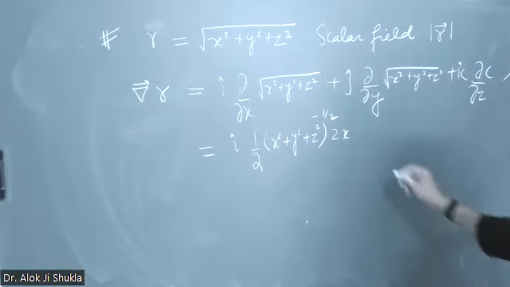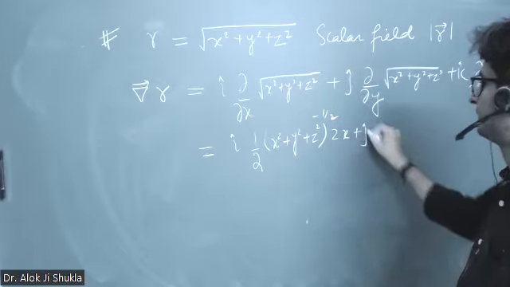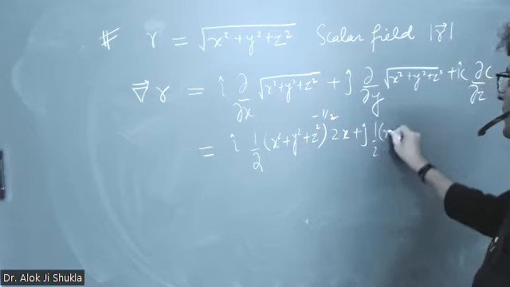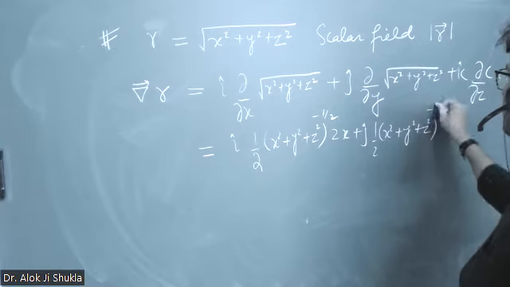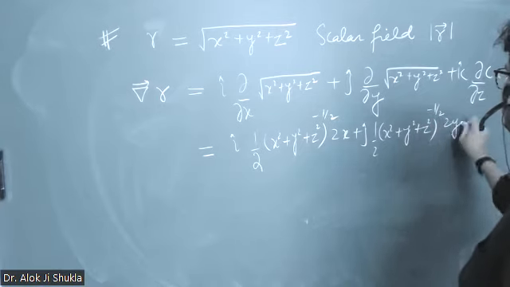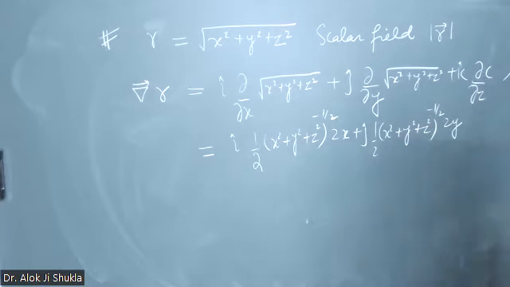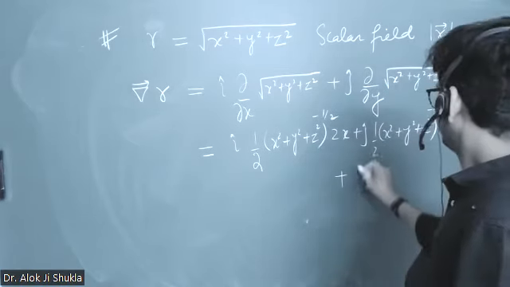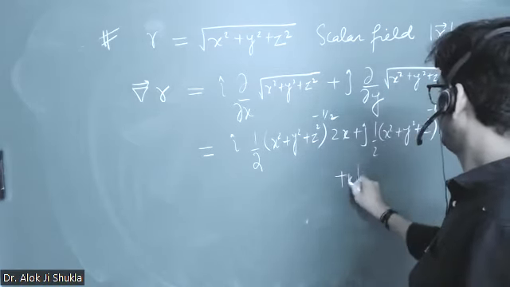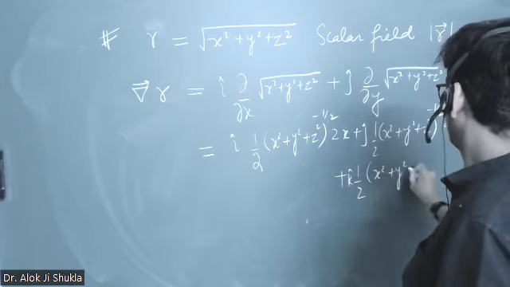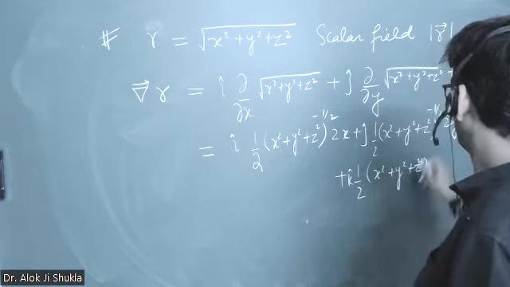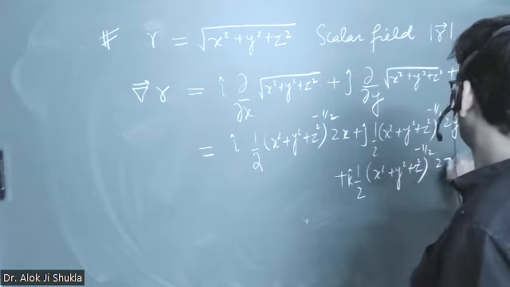Plus j cap 1 by 2 (x square plus y square plus z square) to the power minus half into 2y, plus half of k cap (x square plus y square plus z square) to the power minus half into 2z.